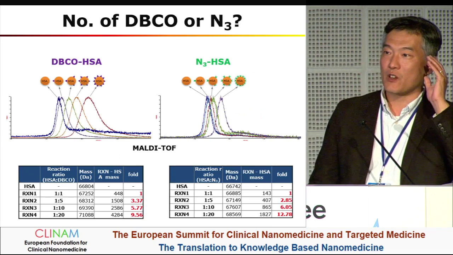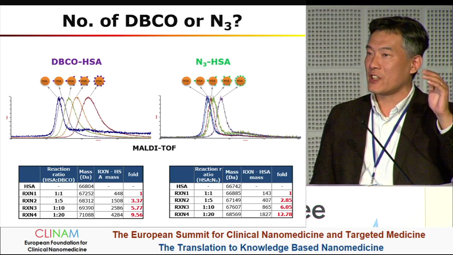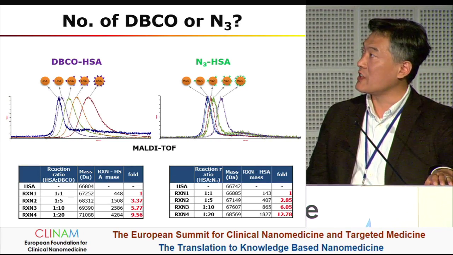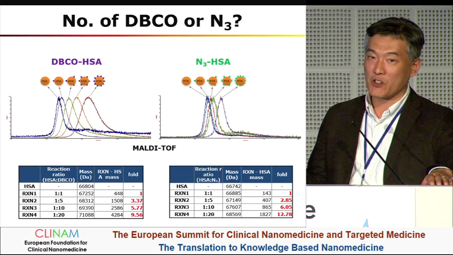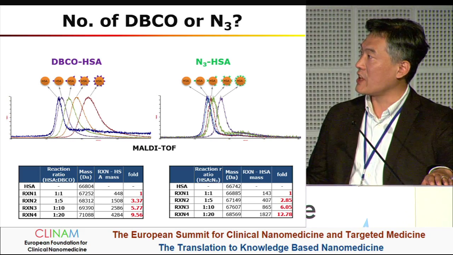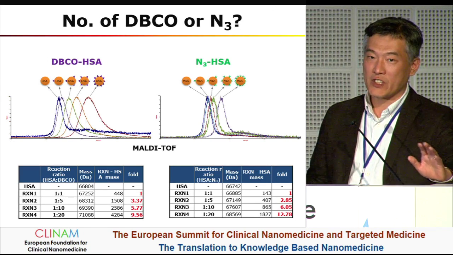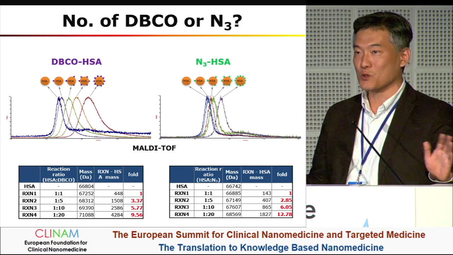And also the number of clickable moieties is very essential for biodistribution. We can confirm by MALDI-TOF that the number of moieties is around 10 to 12.